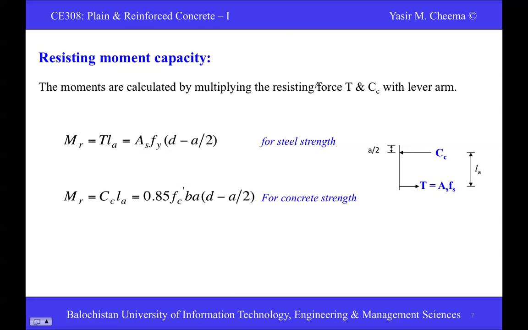So next is resisting moment capacity. The resisting moment is simply the tension force into moment arm and the compression force into moment arm. See this one? T is the tension force and C is the compression force. So for steel strength it is T into the moment arm, and for the concrete strength that is equal to compression force and the moment arm.